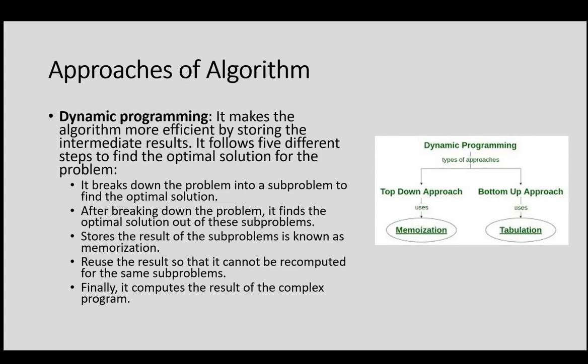Then it stores the result of the sub problems, which is known as memoization. So from a big problem, you divide it into two sub problems, and out of the sub problems you find the optimal solution. That can be your greedy algorithm. After that, what do you do?